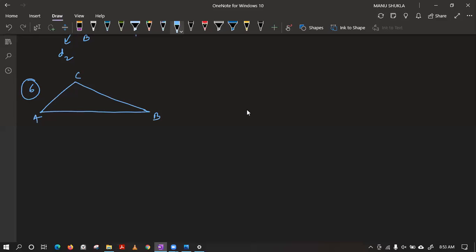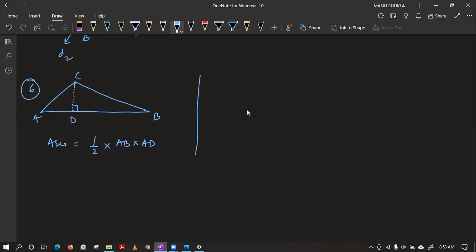So if you take this as height, suppose CD, then you can say that area of this triangle is given by half into base, that is AB, into altitude or height, same thing, AD.